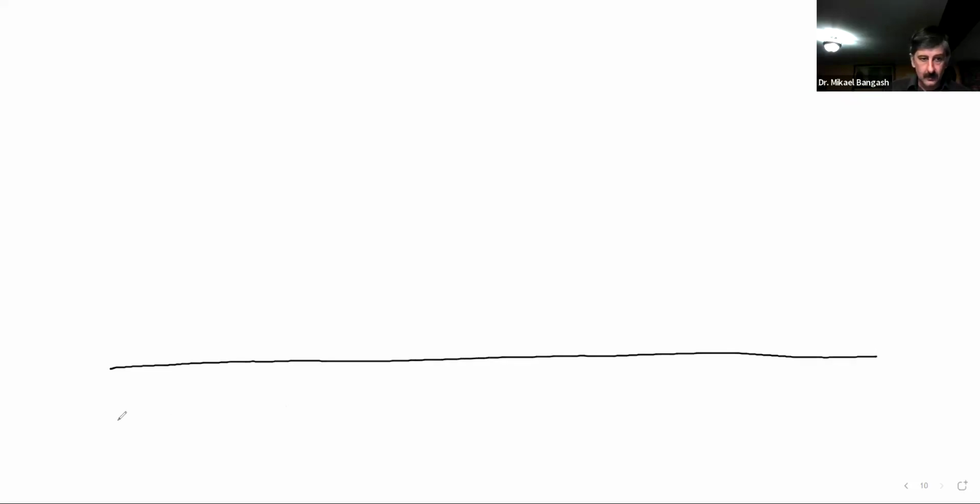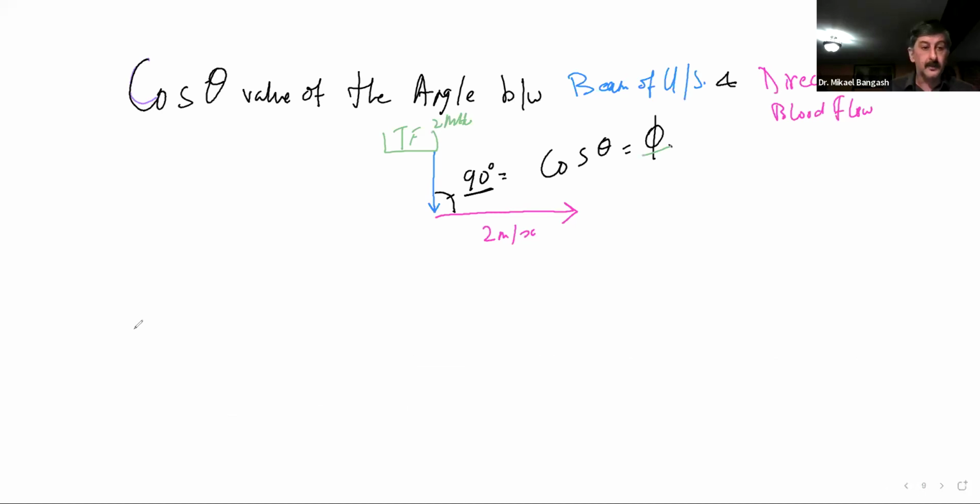So, guys, if this was our blood vessel, is that clear? That's our blood vessel. And let's just say this is the direction of the blood flow. Okay, good.